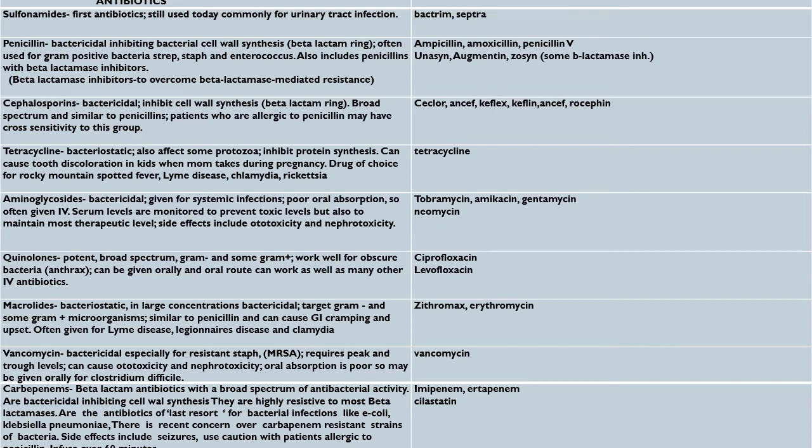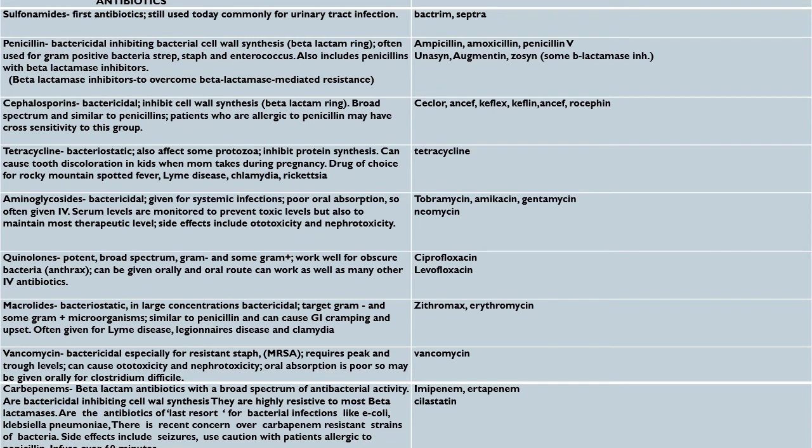They are the antibiotics of last resort for bacterial infections like E. coli, Klebsiella, and pneumonia, and there is great concern now over carbapenem-resistant strains of bacteria, or CRE bacteria. The side effects for these drugs include seizures. Be very cautious in the use of these drugs with patients who are allergic to them, or allergic rather to other kinds of antibiotics as well.